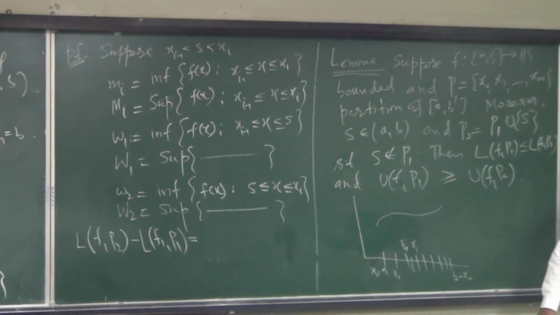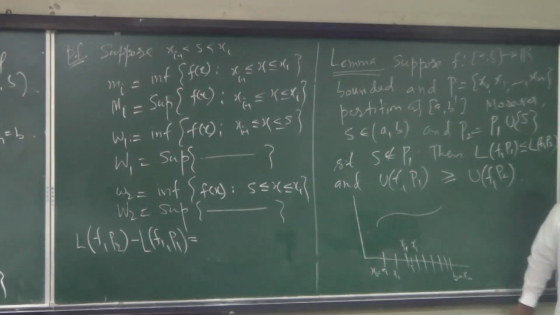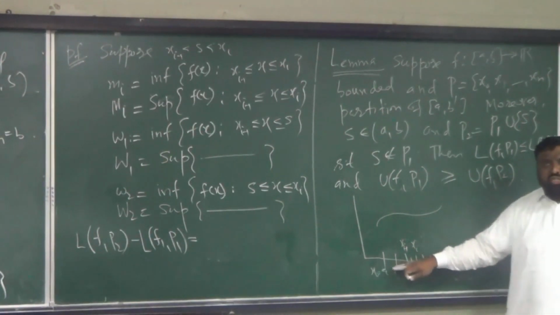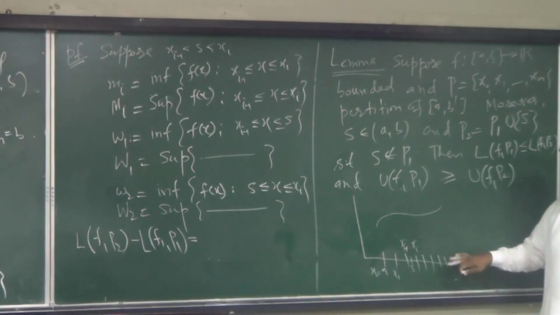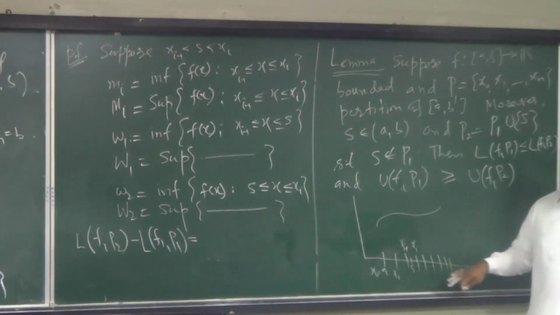First, you may give a try and think what this difference should be. It is the sum of the rectangles with this new partition P2 and the sum of the areas of rectangles with the previous partition P1.